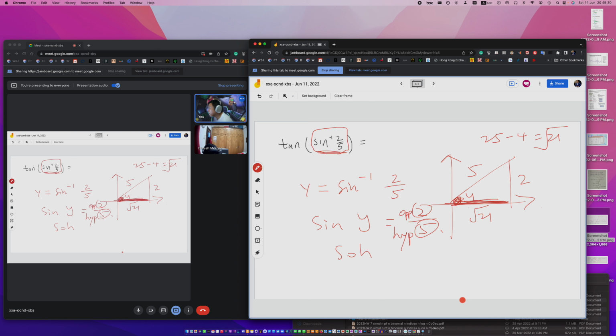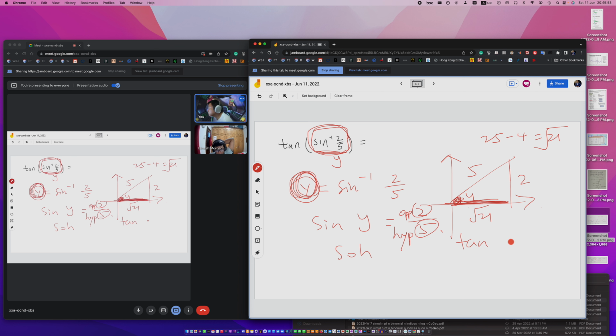Are you clear? Then now tangent. That means this one is actually your y, right? Can you see it is your y? So now you need to find tangent y.